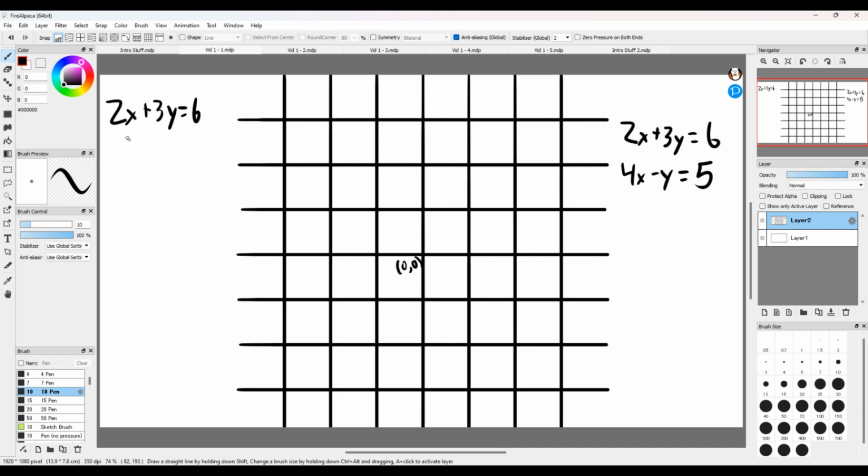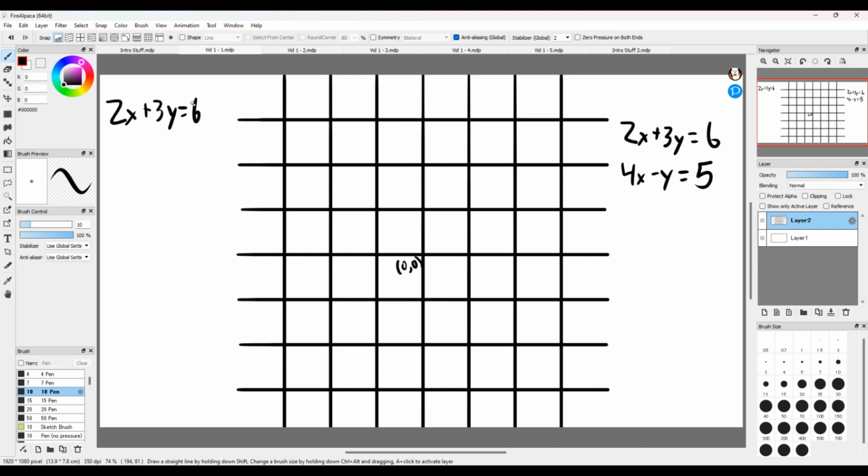So in slope-intercept form, you have y equals mx plus b, correct? Well, this equation here, 2x plus 3y equals 6, already has all those components. They're just multiplied together a little bit.